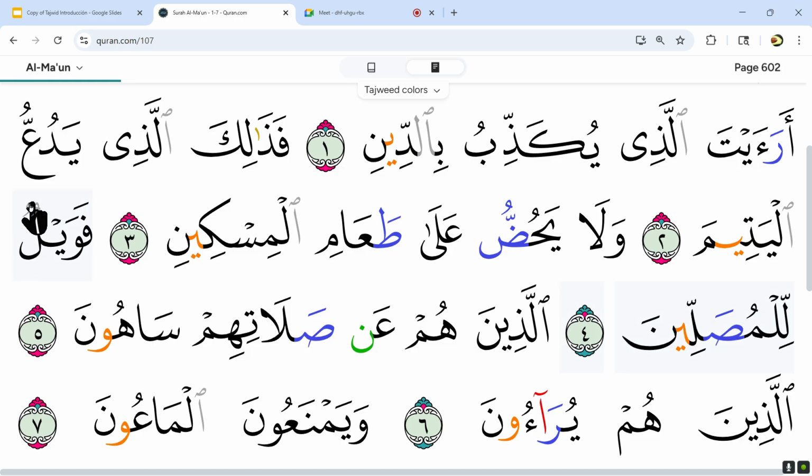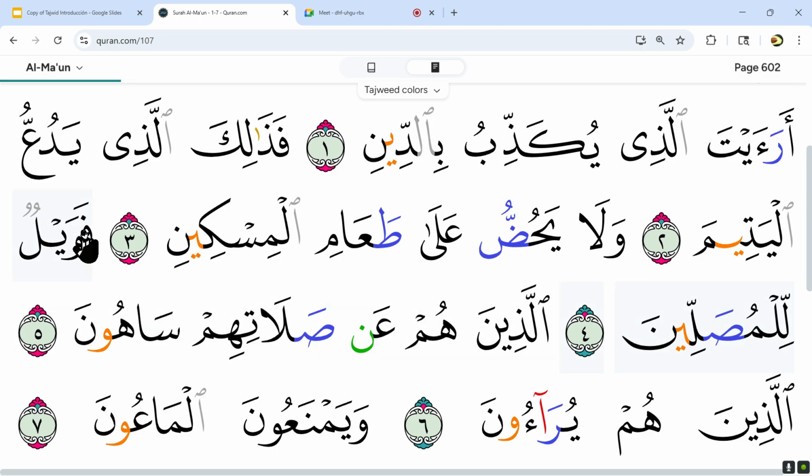But the rule changes because we have a lam afterwards. Which rule is lam? I'm sorry, I still have to refer to my notes. Yeah, that's what the notes are for. It's going to be Idhgham.